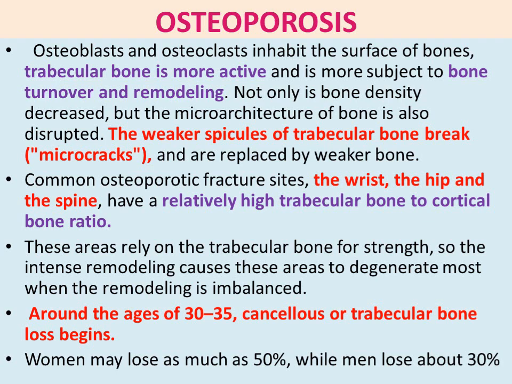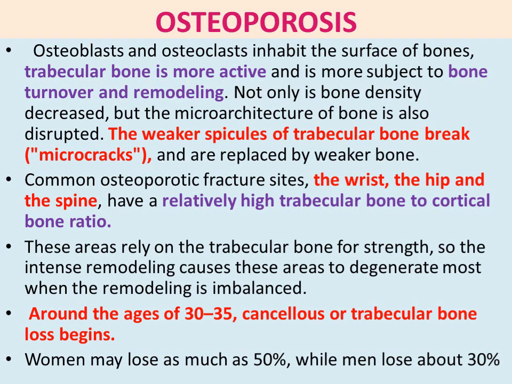Around the age of 30 to 35 years, cancellous or trabecular bone loss begins. So between 30 and 35 years of age, the trabecular bone density goes on decreasing. This shows that osteoporosis has started in your body. Women may lose as much as 50%.